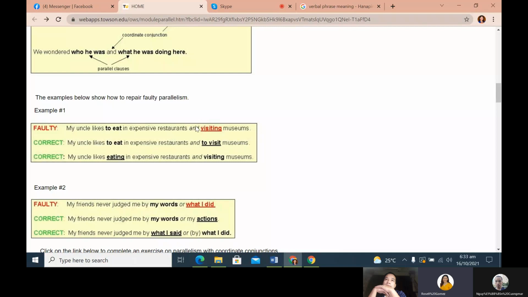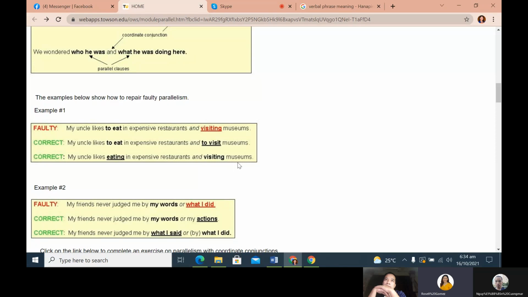So the word visiting here makes the sentence not parallel. Okay? So look at the correct answers. My uncle likes to eat in expensive restaurants and to visit museums. You are using infinitive verb. In another way, we can also say, my uncle likes eating in expensive restaurants and visiting museums.